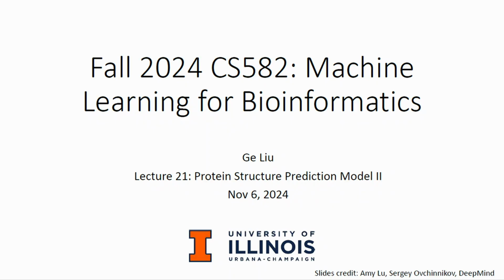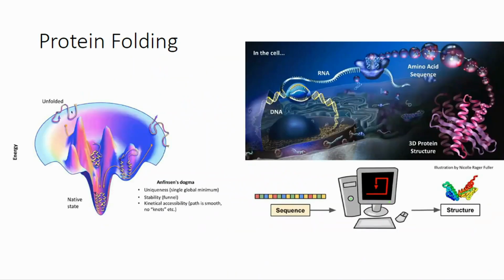All right, so let's continue to talk about protein folding, especially the AlphaFold series. Last time we defined the protein folding problem as inferring the 3D structures. By 3D structures, we particularly mean the position of each single amino acid in 3D space, given just the single sequence information as the input.